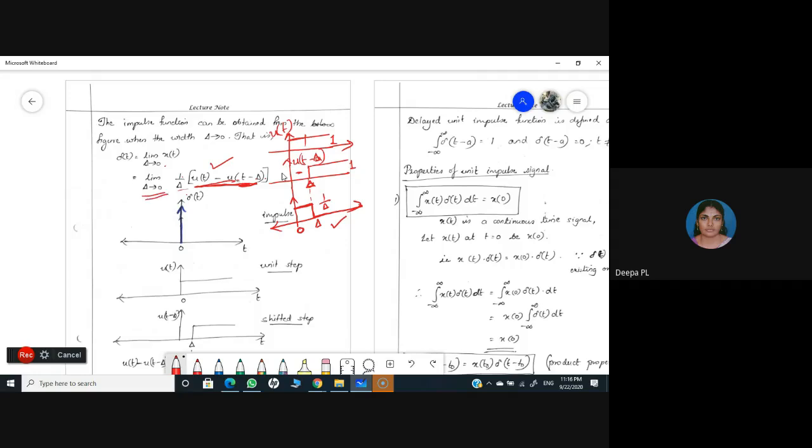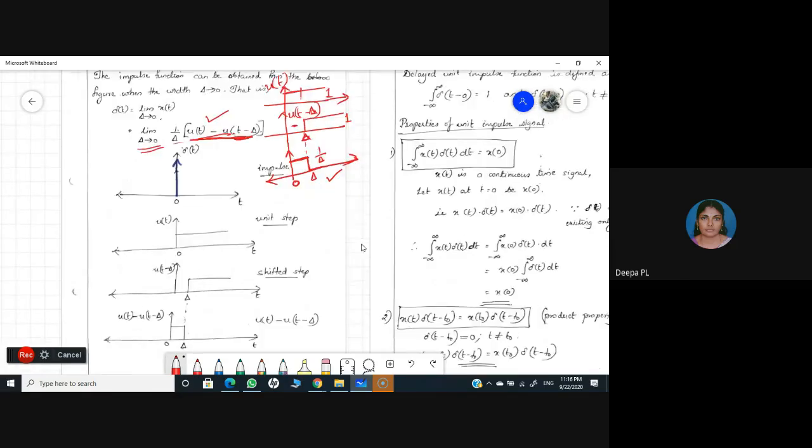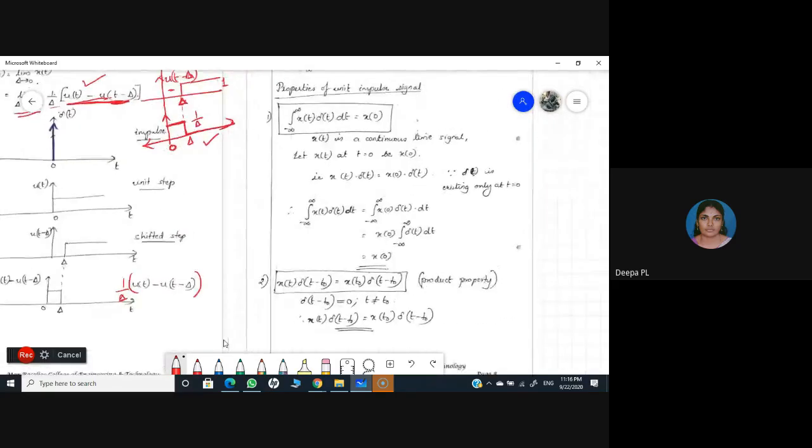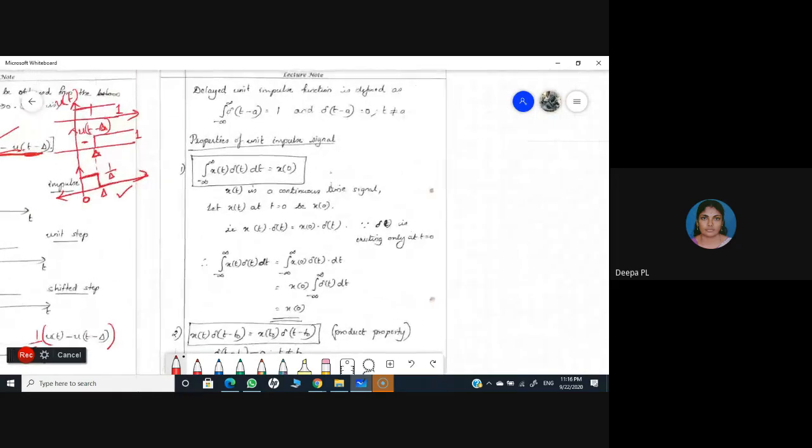So that is illustrated in this figure. You have u of t minus delta, you are getting this particular signal, and if you are multiplying this signal with 1 by delta, I will be getting the limiting case, the impulse signal, for delta tending to 0. Okay, then this particular signal, delta of t, has certain properties.